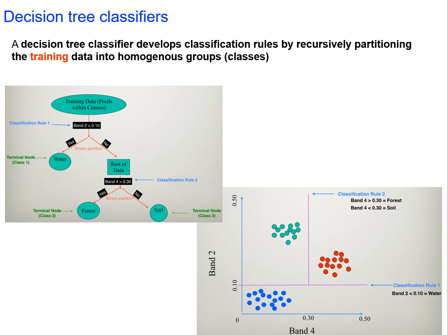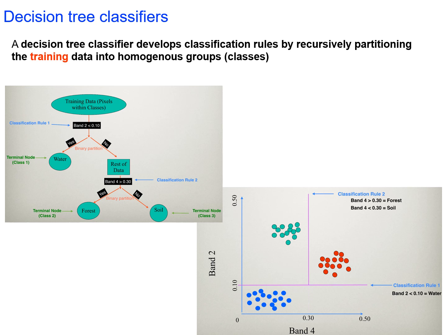So now all we have left to look at are forest points and soil points. And again, we need a rule. And again, we have a simple rule here. We can say, if band 4 is greater than 0.3, then it's a forest. If band 4 is less than 0.3, it's a soil.